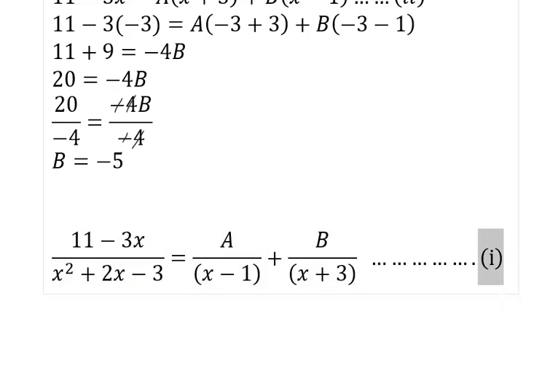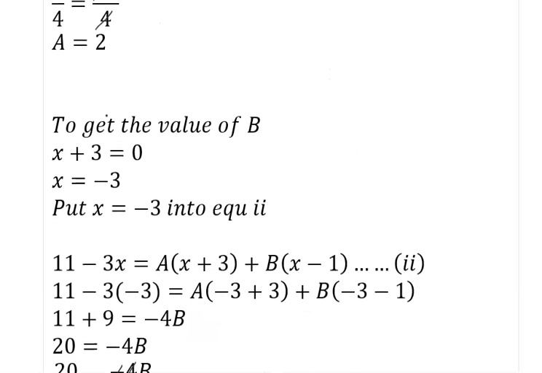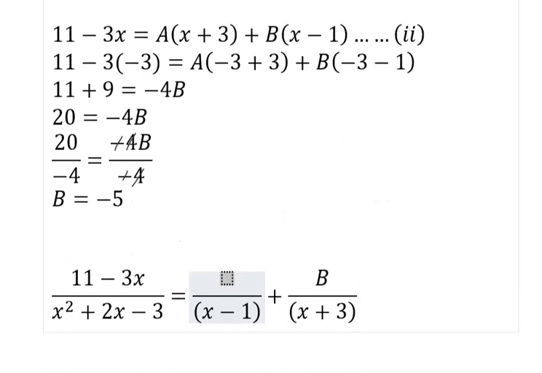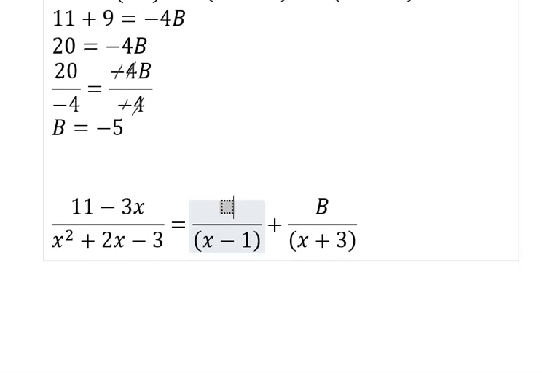Beautiful. Awesome. So with this now, what's our a? We've gotten the value of our a to be 2, and we've gotten the value of our b to be minus 5. Awesome.